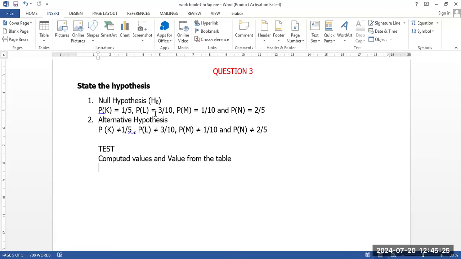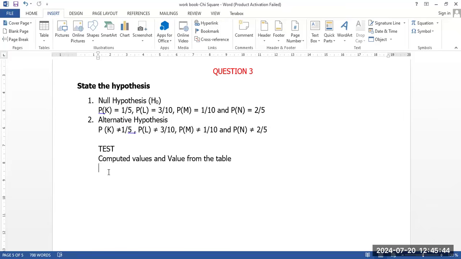You will need V. We are going to see how you can get V. But how are you going to get computed values? To get computed values, you need observed values and expected values.